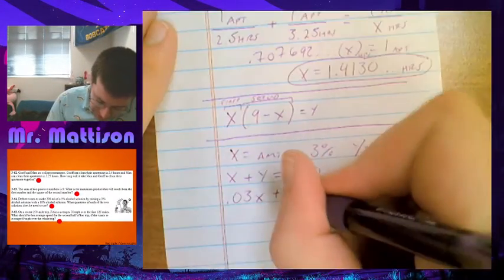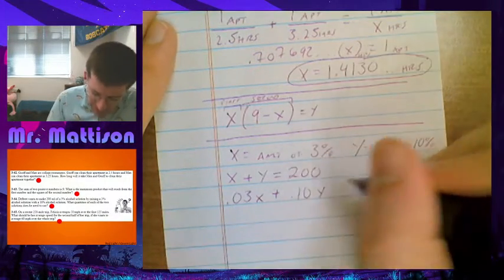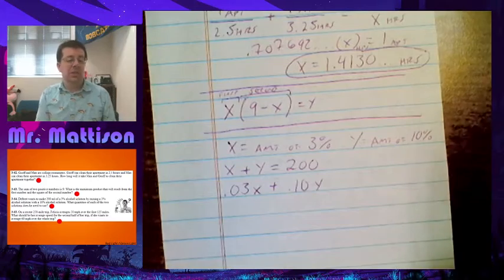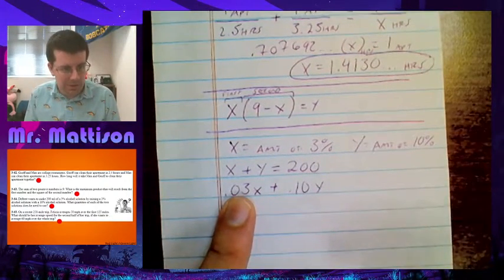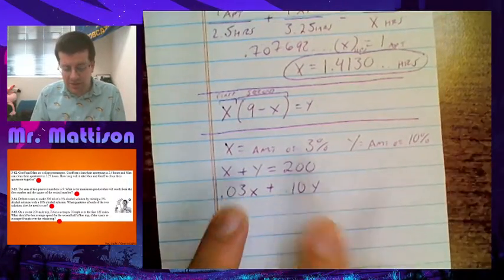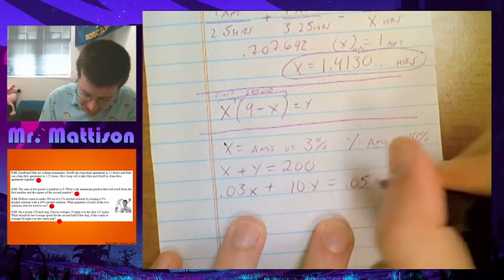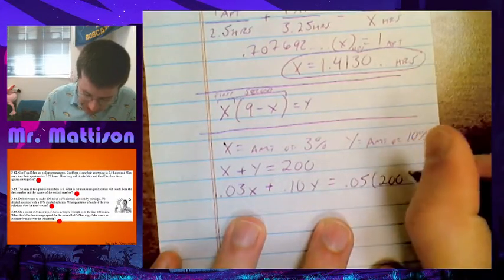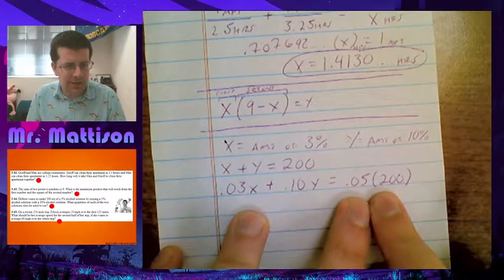Add that to 0.10, which is 10%, times my y, which is the amount of 10% solution that I have. And this is the amount of alcohol from my 3% solution plus the amount of alcohol from my 10% solution has to equal 0.05 times 200, which is the exact amount of alcohol that I need total in my solution.